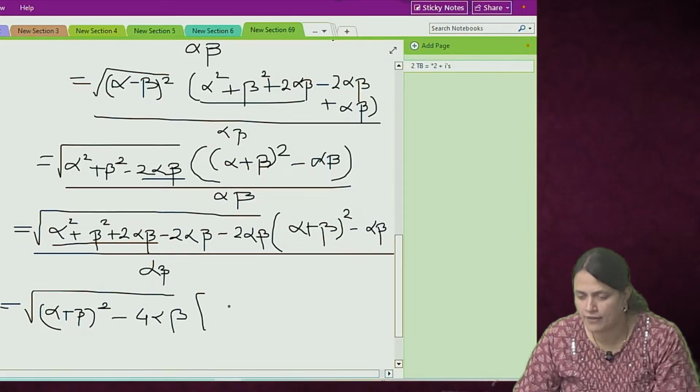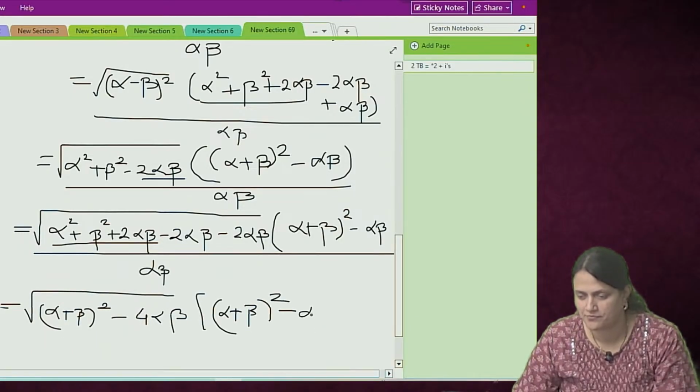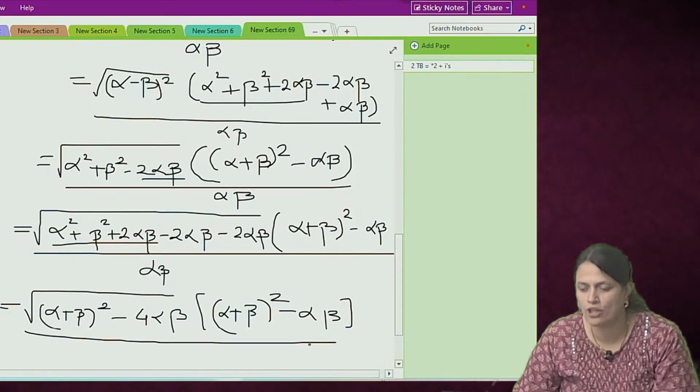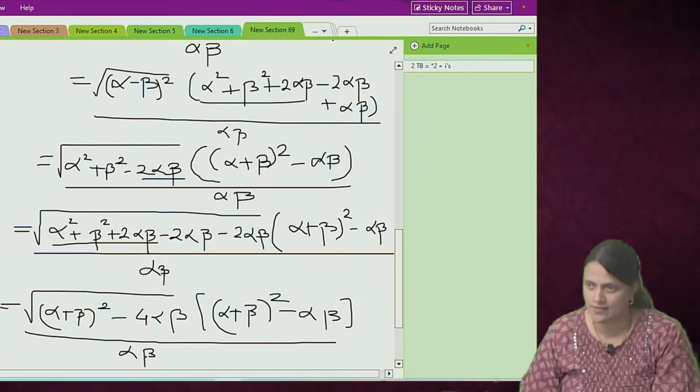And then again alpha plus beta whole bracket square. Now we have all the values, correct? We have the value of alpha plus beta, we have the value of alpha beta. So why have we done all this?